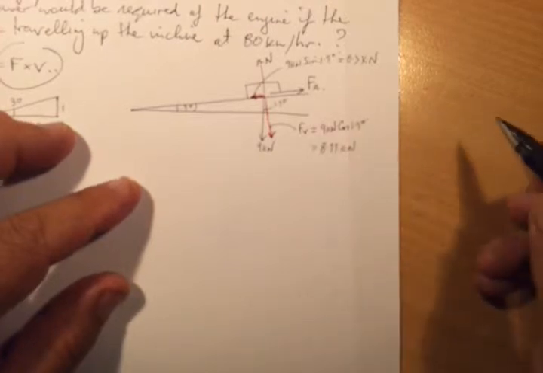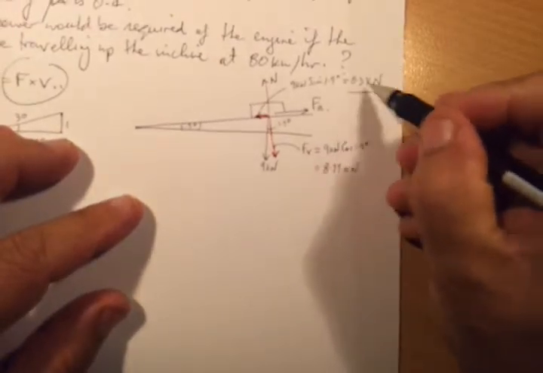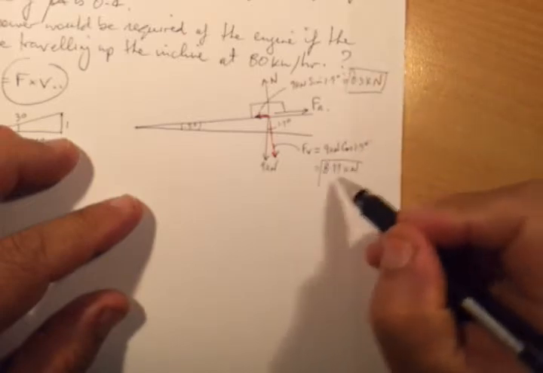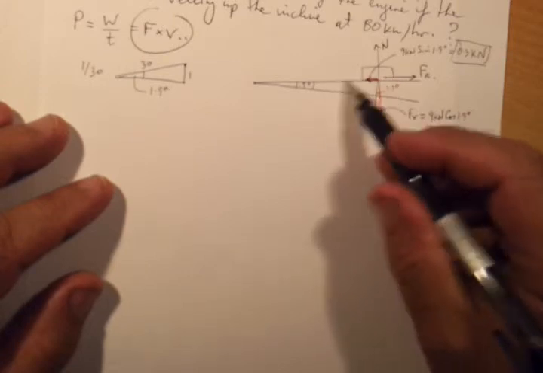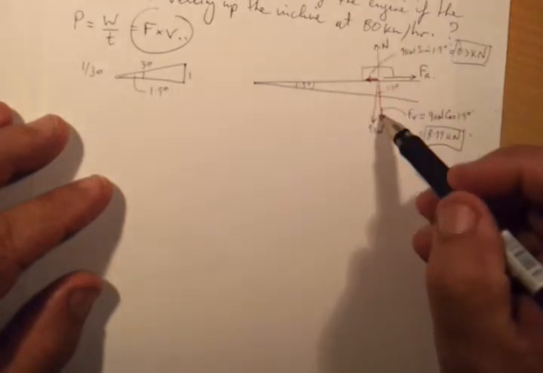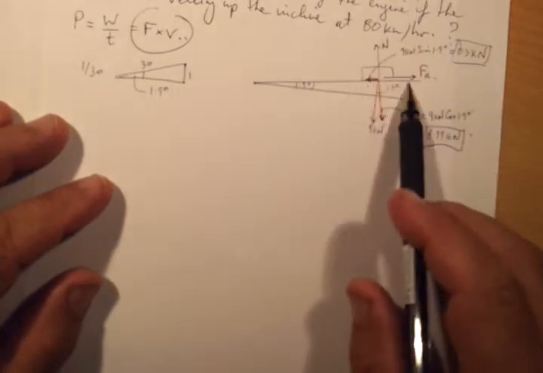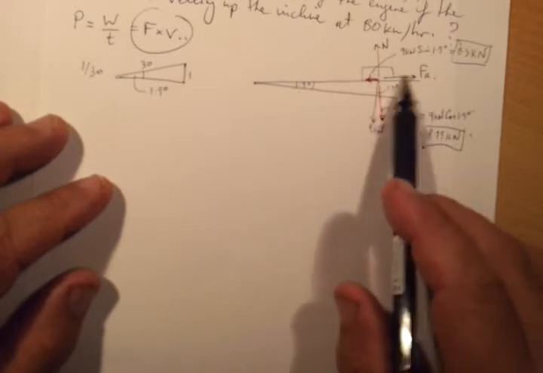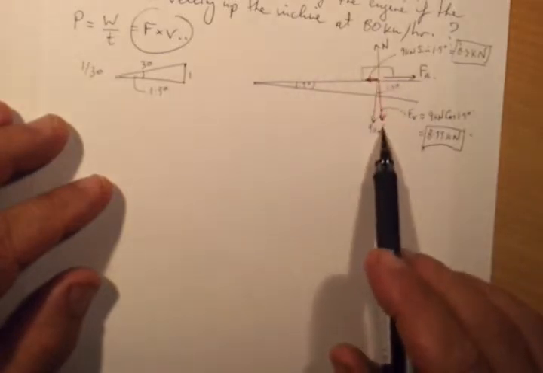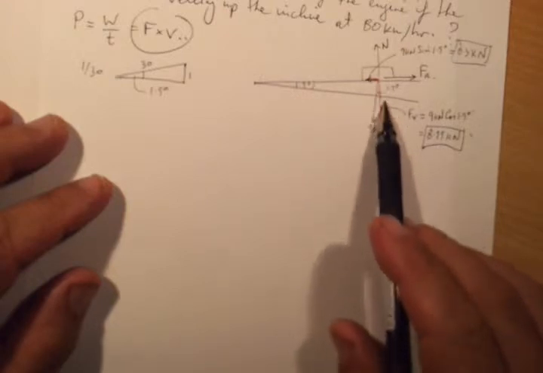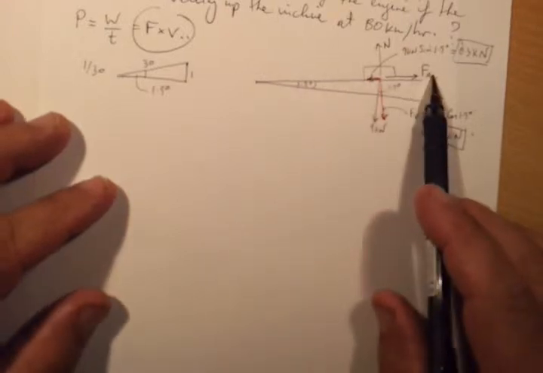I'm going to work in kilonewtons, so they're significant. So we've worked out what the forces are along the plane and normal to the plane. That helps us because we're going to resolve forces using equilibrium horizontally and vertically. So that's why we split up this weight force into horizontal and vertical components relative to the inclined plane.